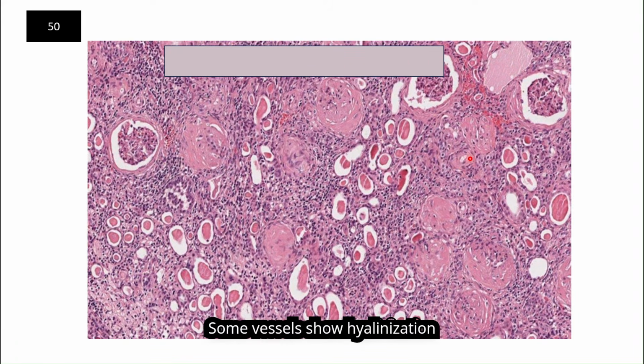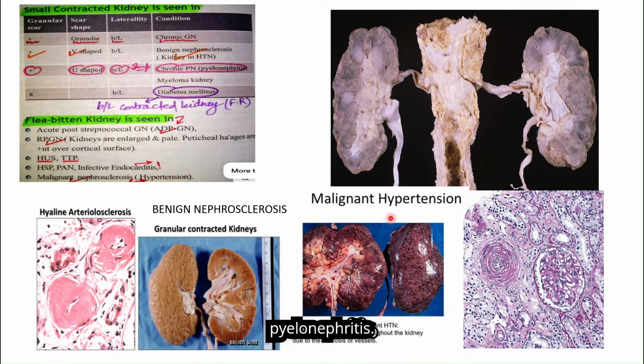Some vessels show hyalinization, and interstitium shows chronic inflammatory cell infiltrate. So 4 components: glomerulosclerosis, thyroidization of tubules, hyalinized vessels, and inflammatory infiltrate, chronic in nature. So this is a slide of chronic pyelonephritis.